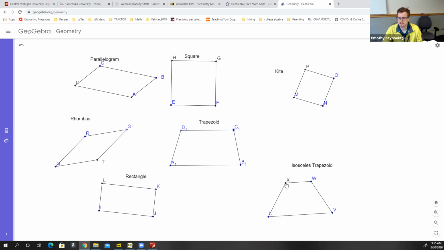All right, what about an isosceles trapezoid? It appears no would have to be my guess in this case. Interesting. And then of course a rectangle, there are some cases in which we can.